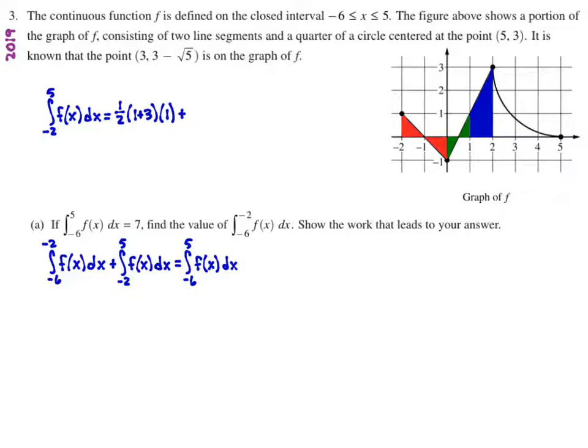Then the area of this region, that's kind of an awkward one because I don't know that formula. But what it told me in the prompt is that this is a quarter circle centered at 5, 3. So what I can do is find the area of this big square here and then subtract the area of the quarter circle, and that will give me the area of that purple region.